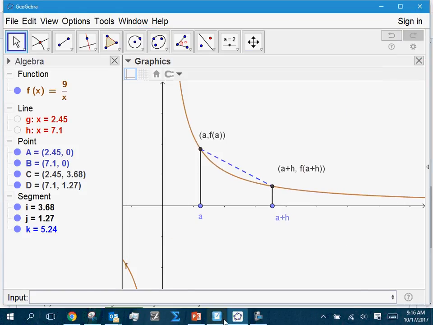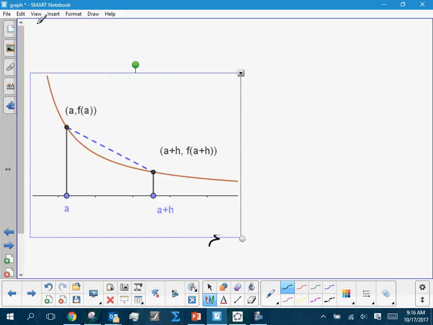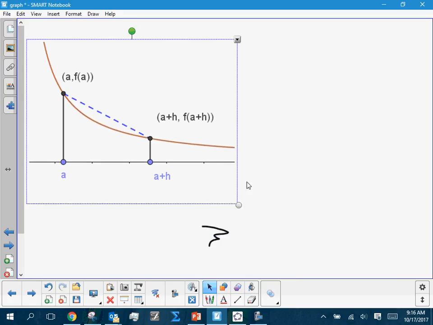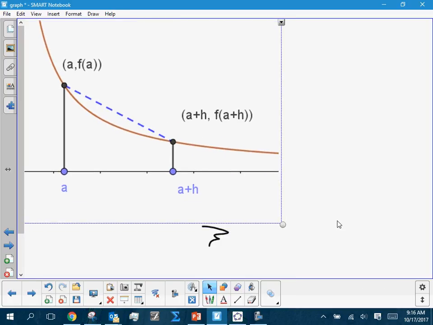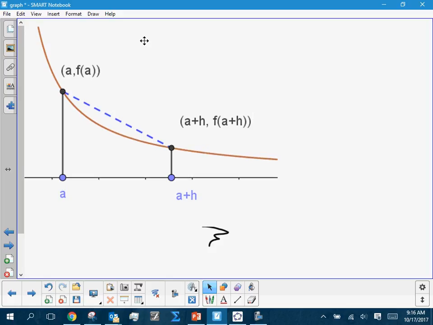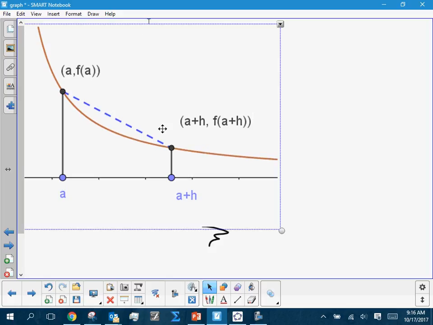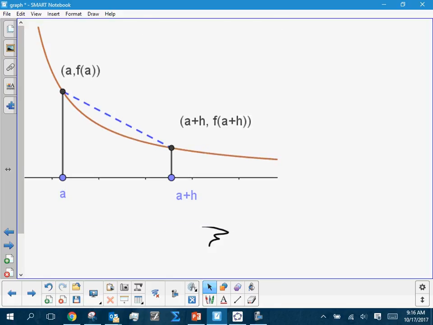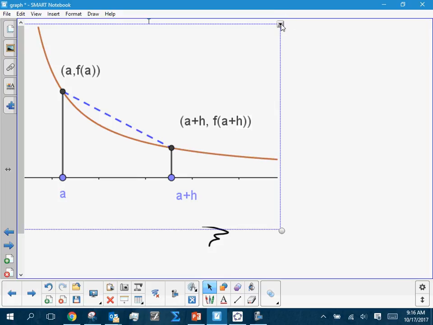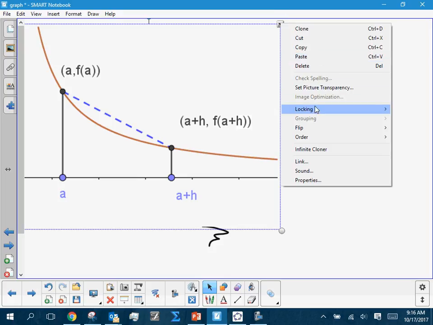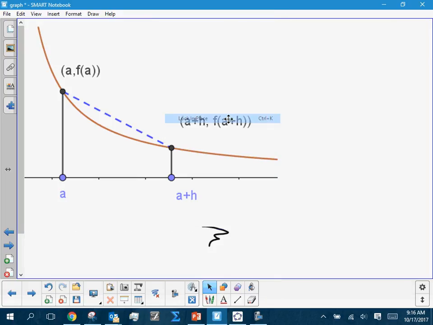Because I want to draw on this, and for some reason my smartboard won't draw on top of GeoGebra today. Let's see if I can lock that in place. I uninstalled Smart Notebook yesterday to see if that would fix my issues with it, and they got worse.